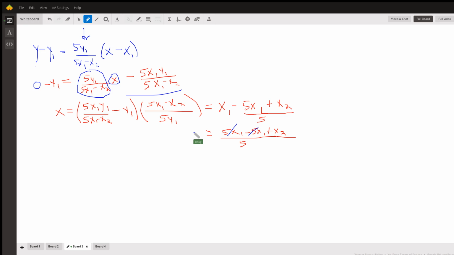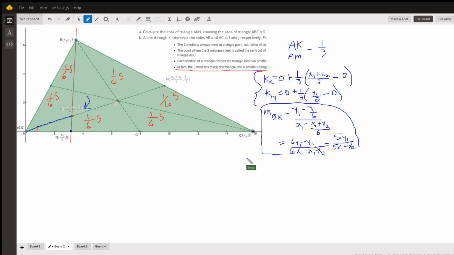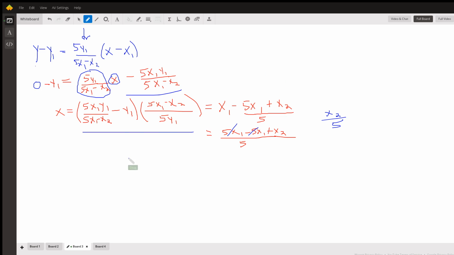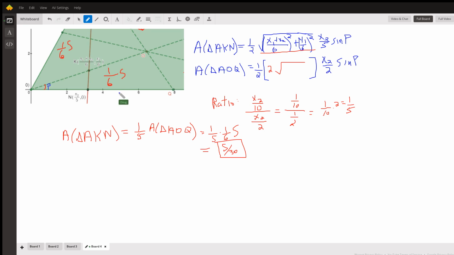That's what we get. Simplify by distributing this quantity times each term in there. It ends up simplifying to x2 over 5. So if we go back to board 2, this distance right here is always 1/5 of the entire distance from A to C.